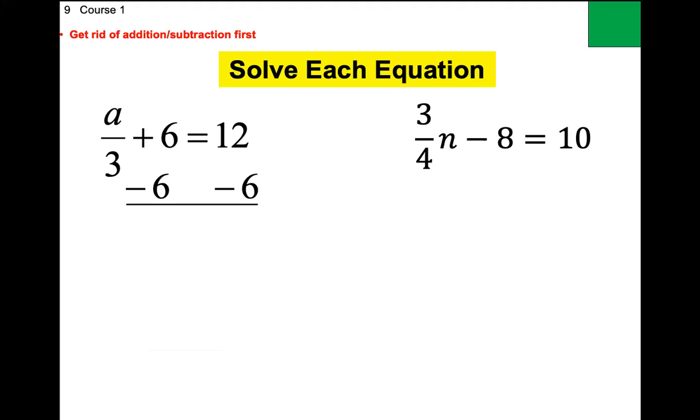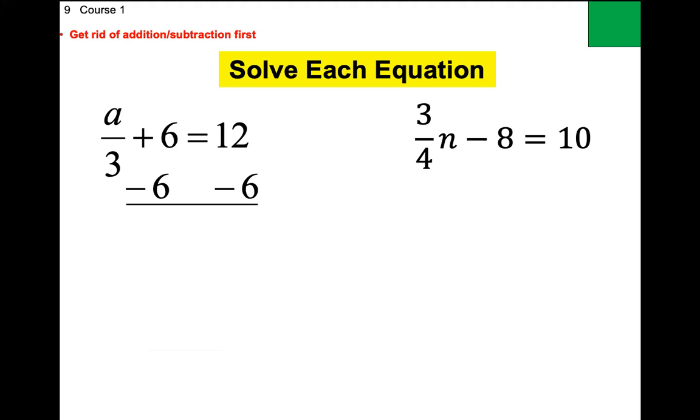So what do you want me to write? 0. Yeah, but I gotta write something. 6. What are we gonna write? Not the next step. What do you want me to write underneath this line? You told me what it turns into.